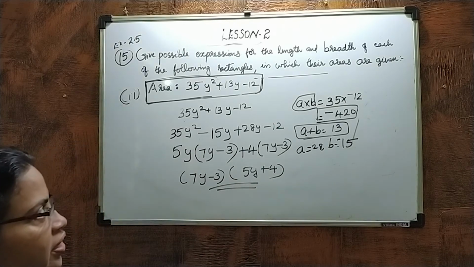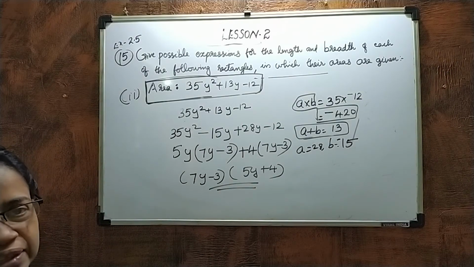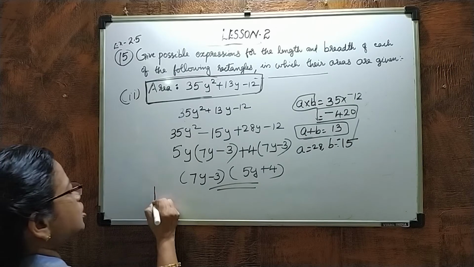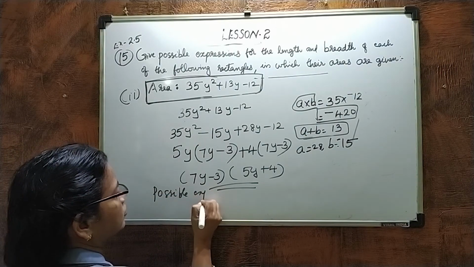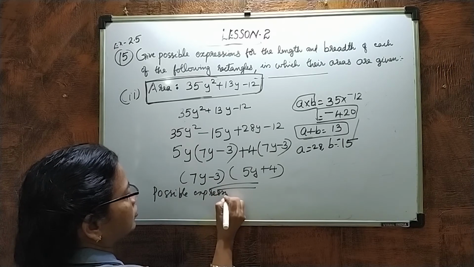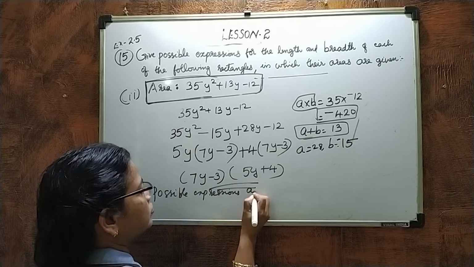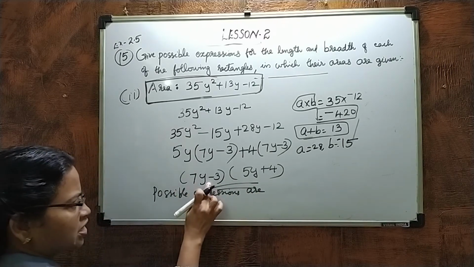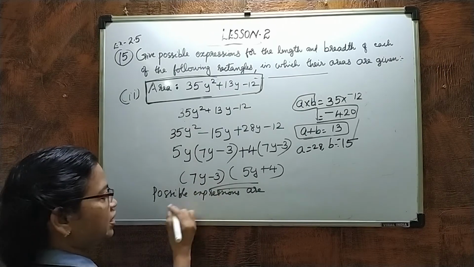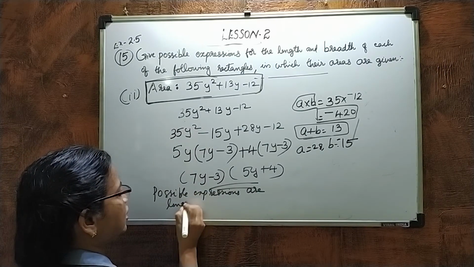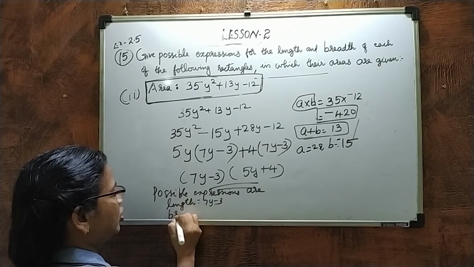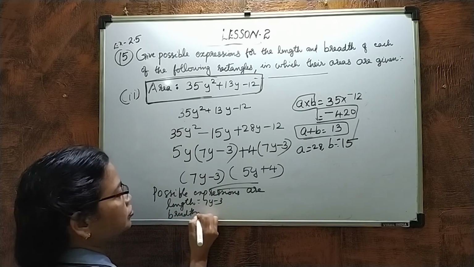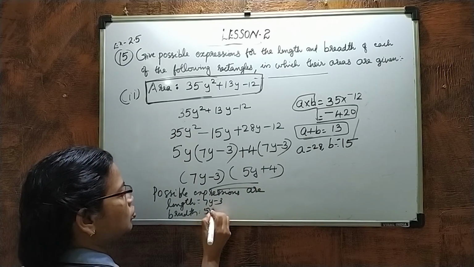Now you have to write these expressions as length and breadth. So possible expressions are: either 7y minus 3 is length. When length is 7y minus 3, breadth will be 5y plus 4.